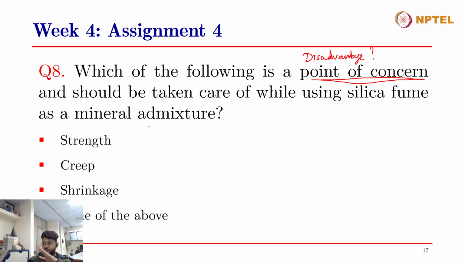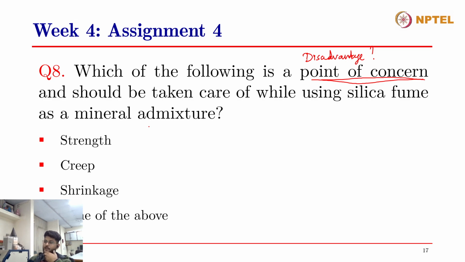Deepika, just to highlight, we are discussing what is the point of concern, meaning what is the disadvantage of adding a high volume of silica fume as a mineral admixture? Is it strength? Is it creep? Is it shrinkage? Or is it none of the above? And why so? So already Sagar has highlighted that when we add high volumes of silica fume, it results in high shrinkage.